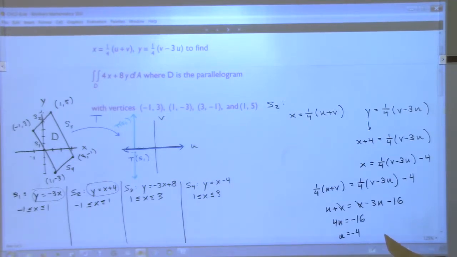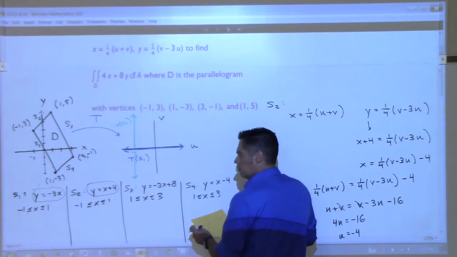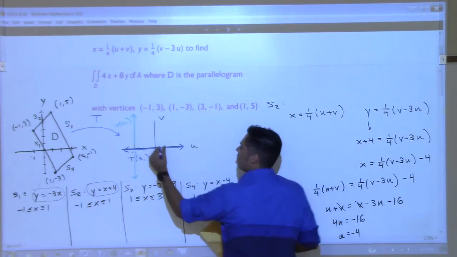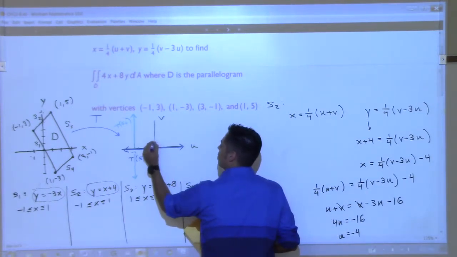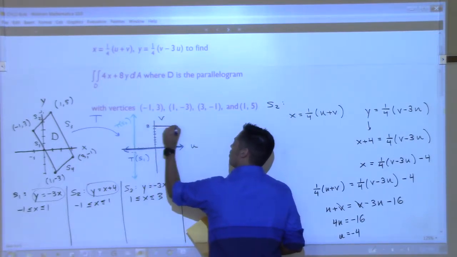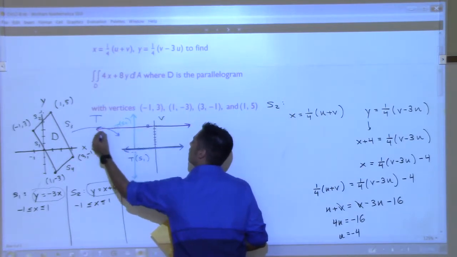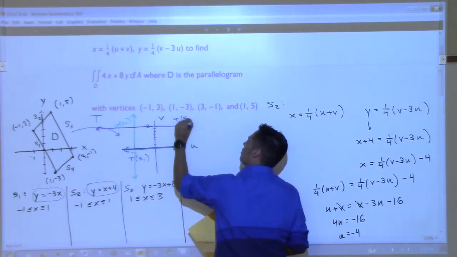V equals 8. Yeah, S3, this one right here, becomes v is 8. 1, 2, 3, 4, 5, 6, 7, 8. Here's 8. And what I get is a horizontal line like this. So this is the transformation of S3.